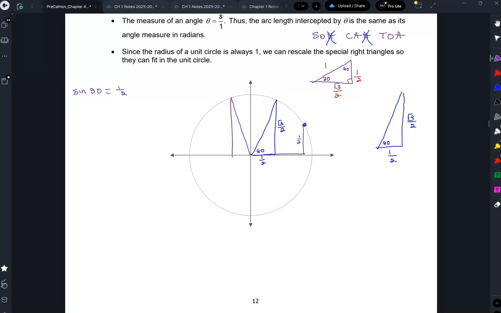And so now, when you draw a triangle, the sides of this triangle are 1/2 and root 3 over 2. If I want to find the sine of 2 pi over 3, sine is always the opposite side, root 3 over 2. But then the cosine of 2 pi over 3, because it's to the left, is negative a half.